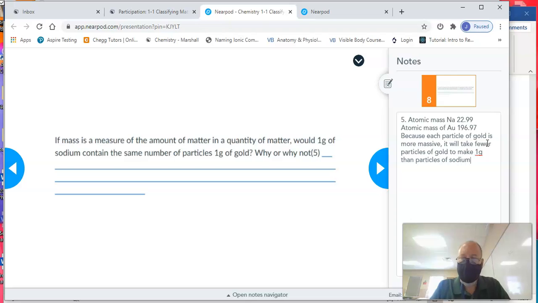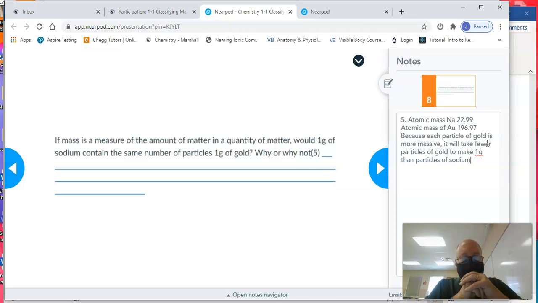Okay, so no, the number of particles in 1 gram of sodium is not going to be the same as the number of particles of gold in 1 gram, and the number of particles of sodium is going to be greater than the number of particles of gold.